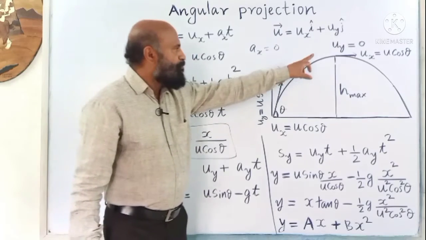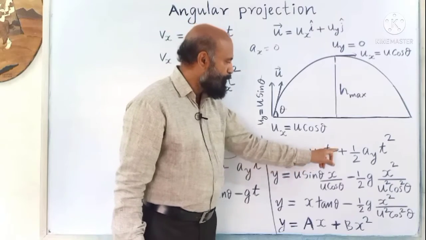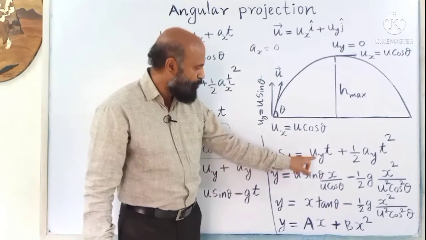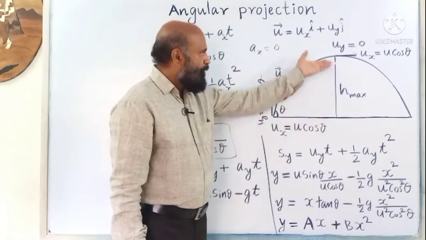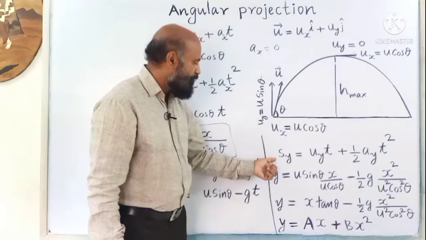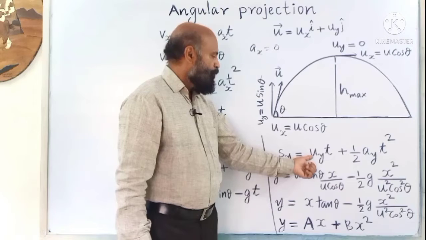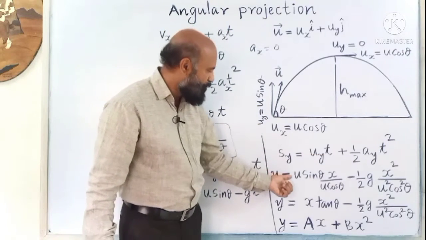Then displacement along the vertical direction, s is equal to ut plus half at square. For vertical direction we can write sy, uy, ay. Instead of sy we can write y is equal to uy, initial velocity in the vertical direction, that is u sin theta, times t.